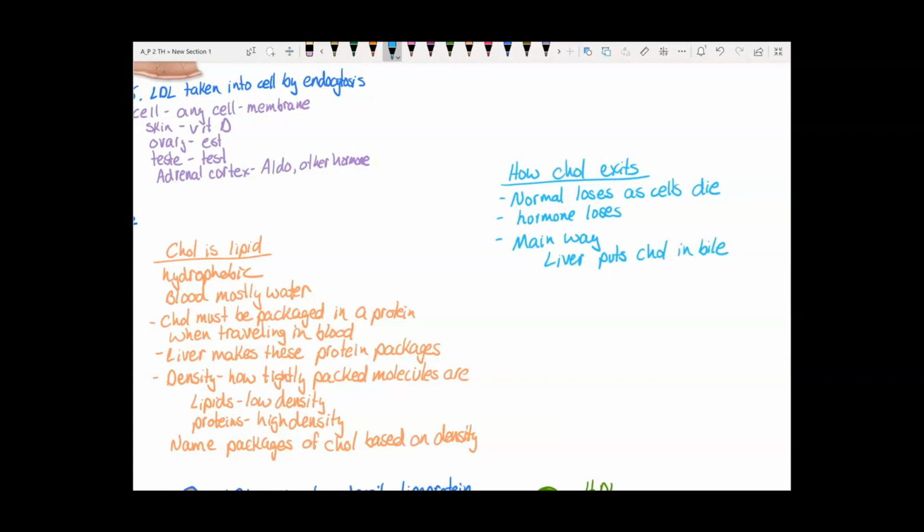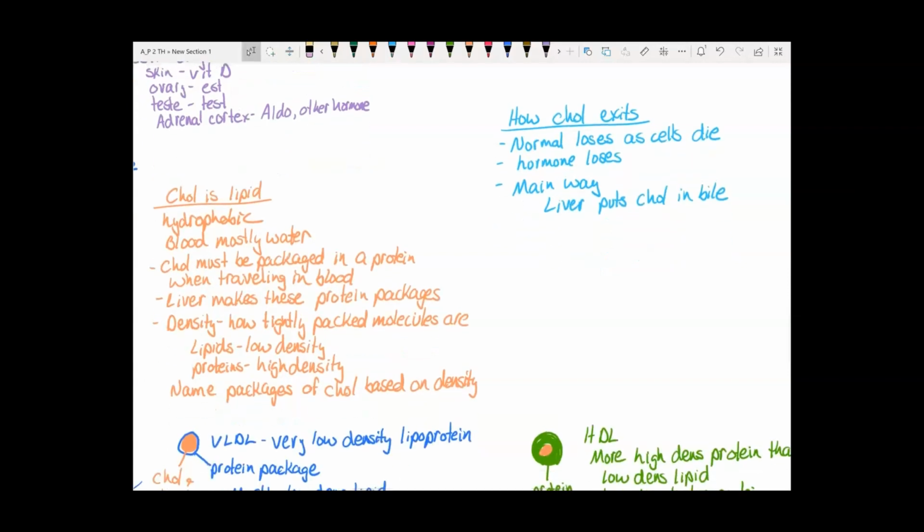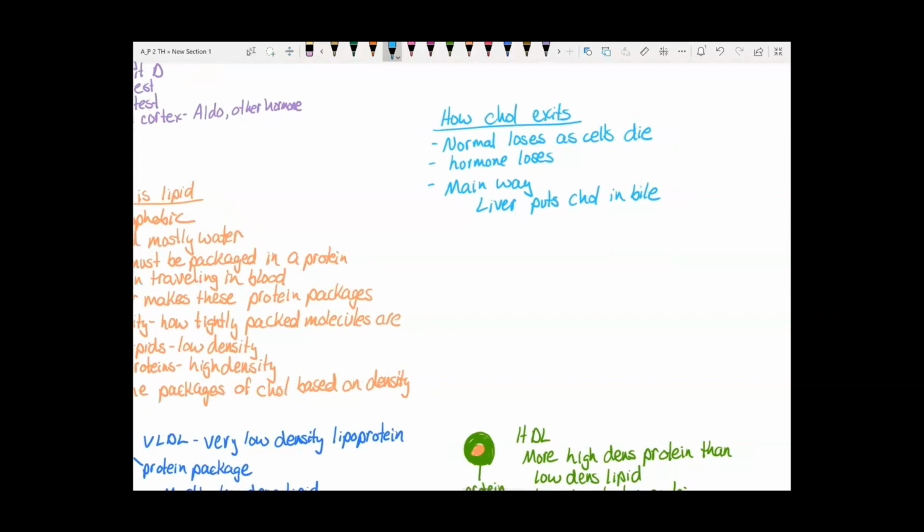And then, as you know from chapter 26, bile goes to your small intestine and it emulsifies the fats so that you can digest them. Then your nutrients are absorbed into your blood and your lymph.